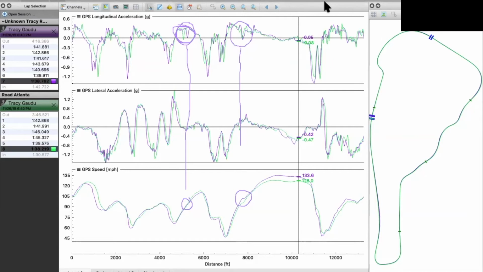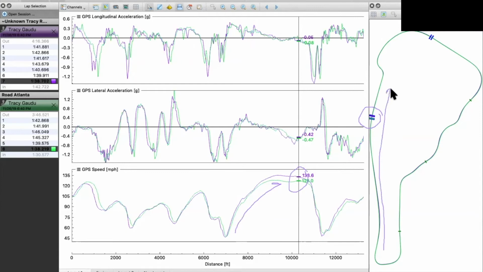There's another shape I want you to see here, and it's very unique and very popular. You might see it in your data, and that's this. We know this cursor right here is the same cursor that's on here, and it's going 130, and it's been accelerating, and it's going down the back straight, headed that direction. I want you to see this right here.